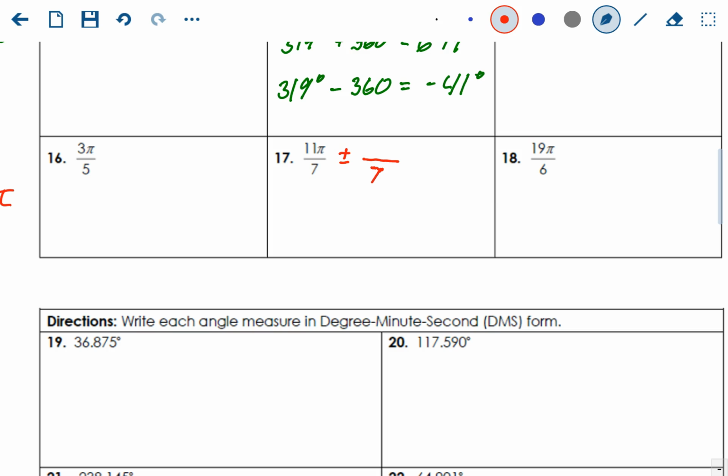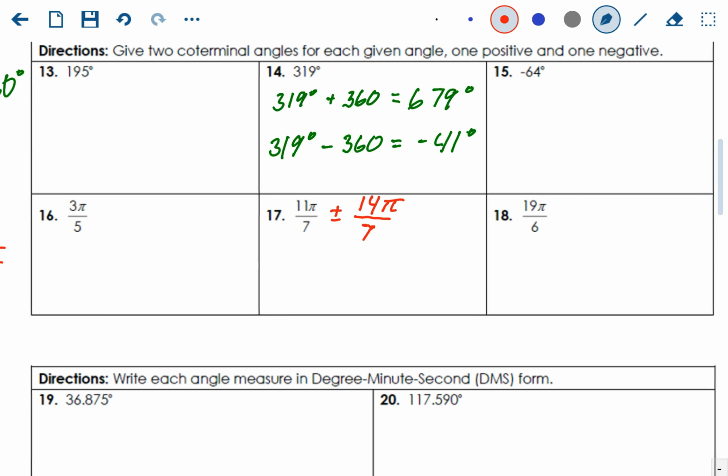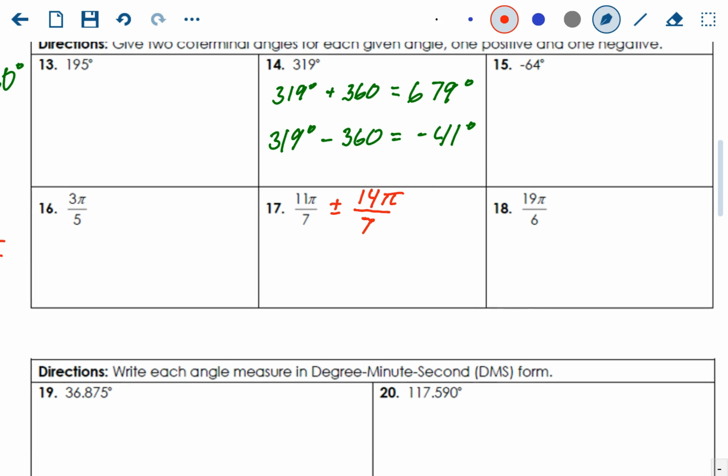So if you want 2 pi as a fraction with a denominator of 7, you're going to take that 7, double it, put that on top. So instead of adding and subtracting 2 pi, we're going to add and subtract 14 pi over 7. Okay, because 14 divided by 7 is 2 pi.